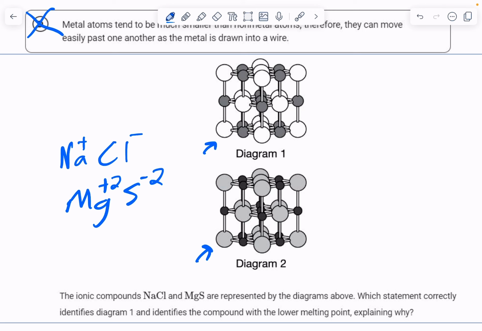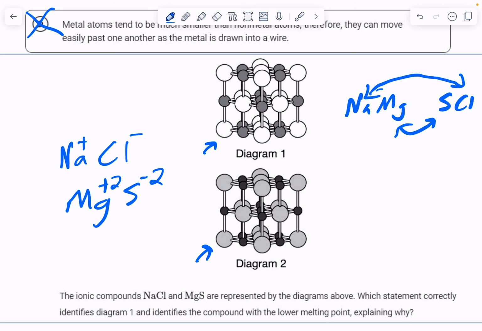So in reality, if we look at where they're placed on the periodic table, we've got Na, Mg, S, and Cl. Based solely on where they are, we would say Na and Cl have a bigger difference in their atomic radius, whereas Mg and S should be closer in radius.